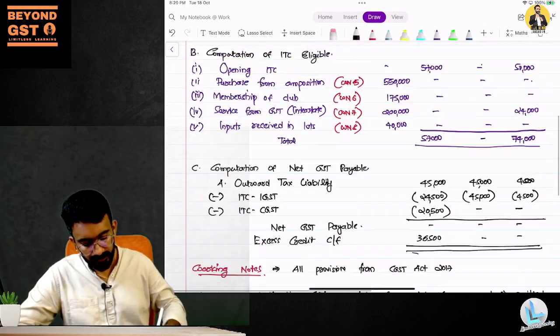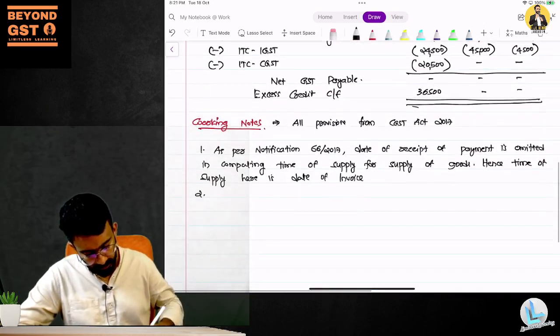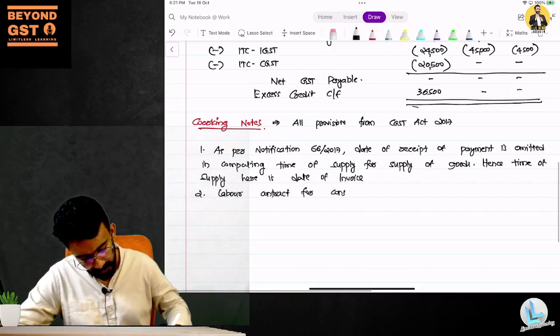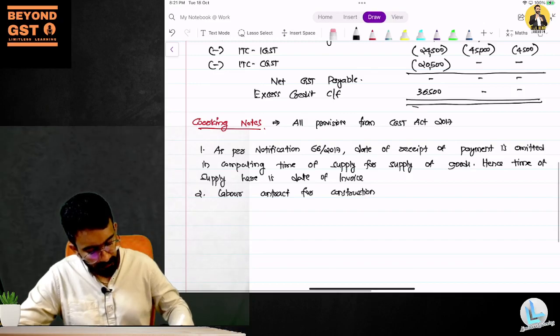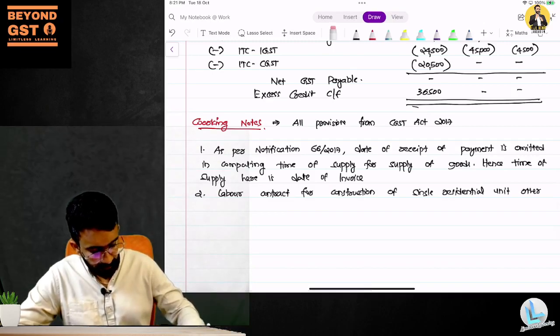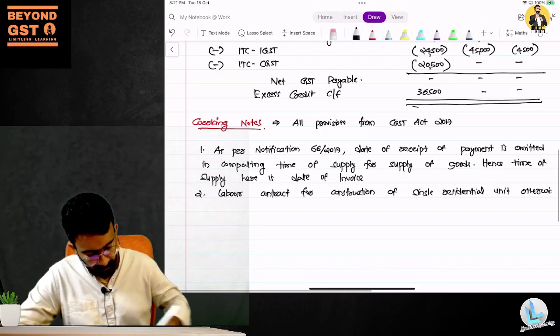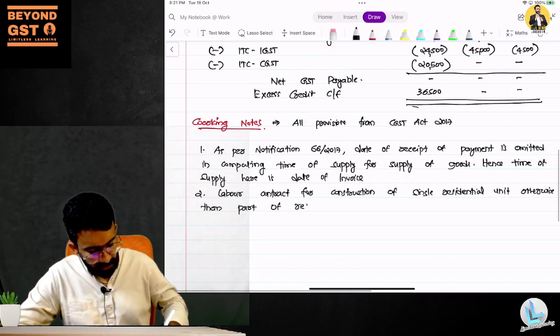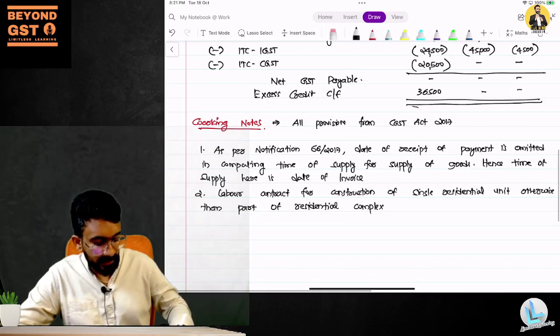Working note number 2. Labor contract for construction of single residential unit, otherwise than as part of a residential complex, is exempt.